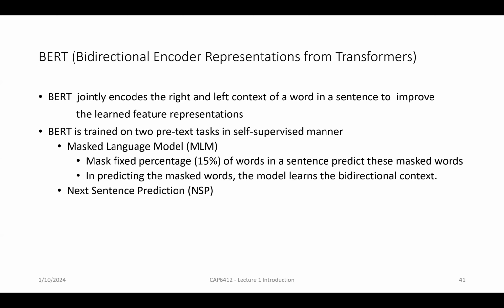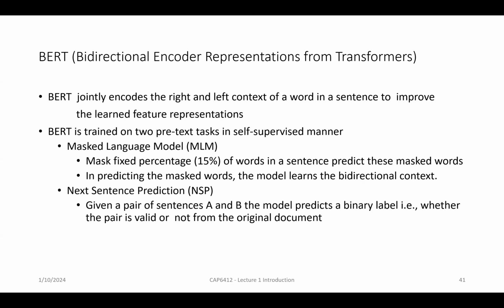The second loss function we are going to use in BERT is next sentence prediction. We take two sentences, suppose sentence A and B, and we ask BERT to say if they are from the original document or not. So it's a binary decision, like classification: are the two sentences from the same document or not?